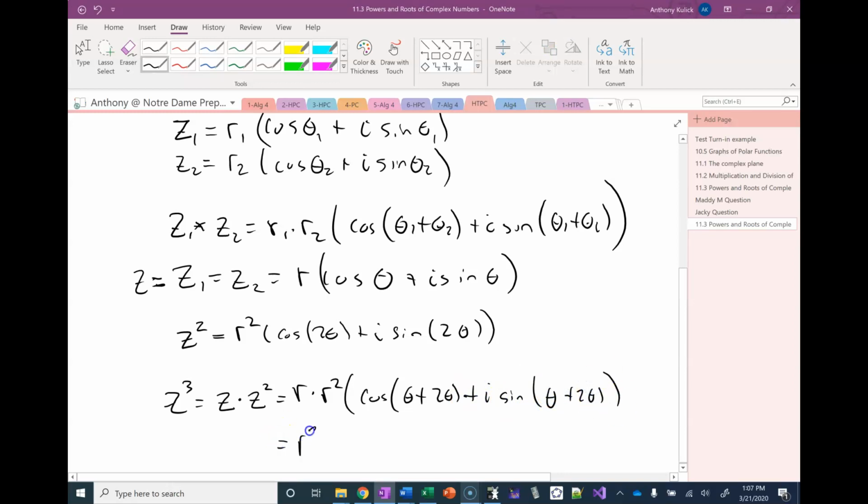So when we simplify this down, we get r cubed cosine 3 theta plus i sine 3 theta.